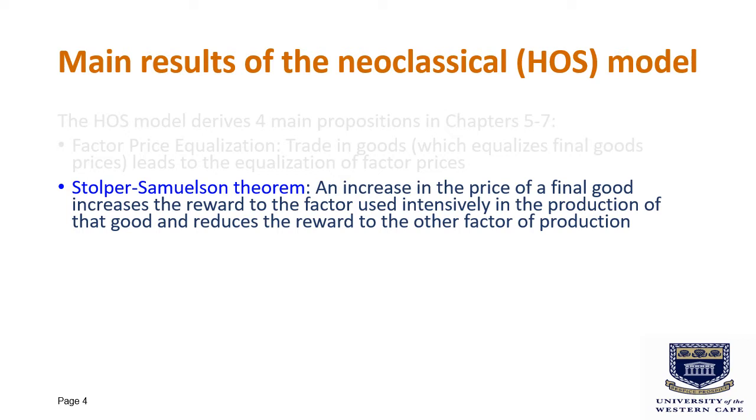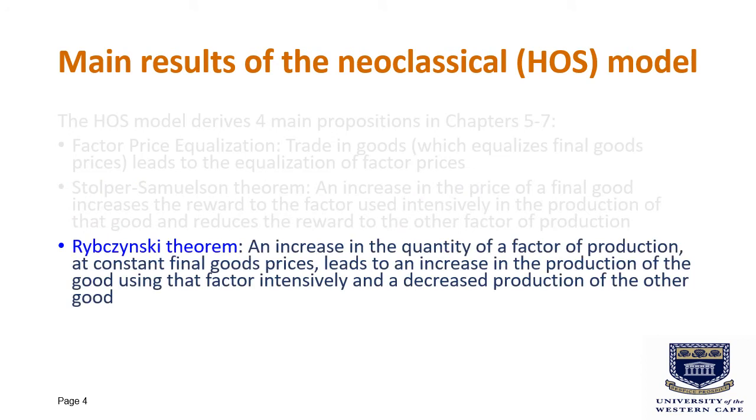Say the price of manufacturing goods is increasing. What factor of production is used intensely there? That is capital intensive production. So the rewards for capital would increase, but the rewards for labor would decrease.